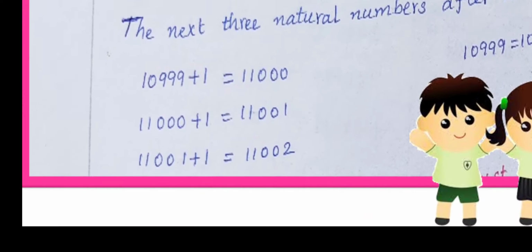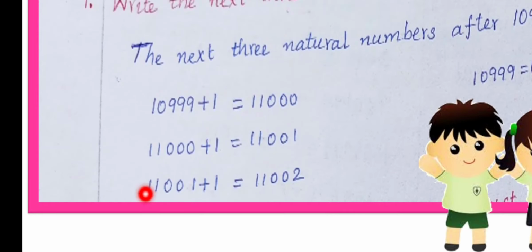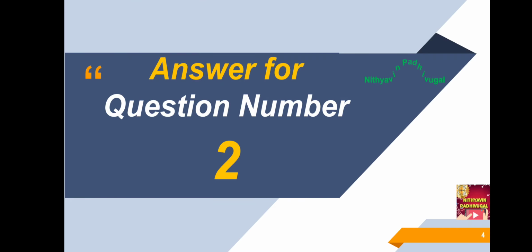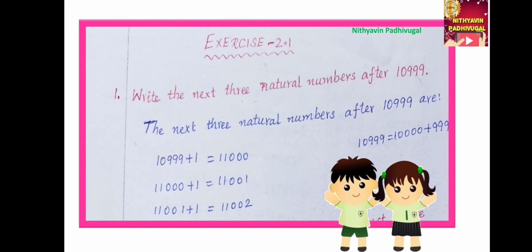The third successor is 11,001 plus 1, which is equal to 11,002. So 11,000, 11,001 and 11,002 are the next 3 natural numbers after 10,999.